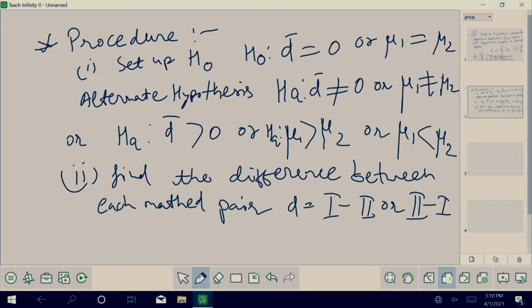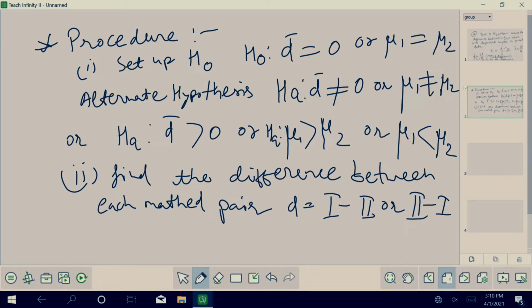So the first step, in every kind of test, is the same, because you have to set hypotheses. So we set the null hypothesis first. You can see, set up the null hypothesis, H0: d bar is equal to 0, or some value is given to you, your d bar, the mean of difference, is equal to some given value, right. Or you can write it like mu1 is equal to mu2.